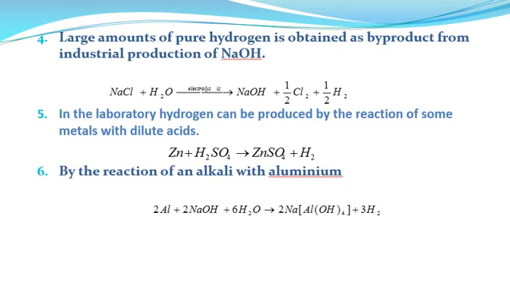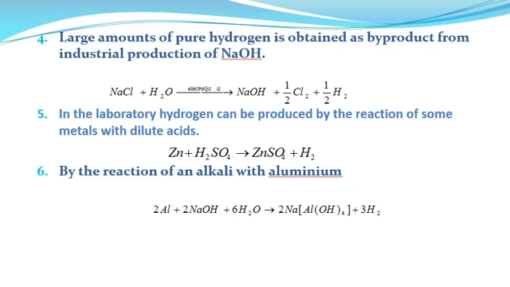The fifth procedure for producing hydrogen is preparation of hydrogen in the lab, and this can be carried out by using some metals and dilute acids, dilute sulfuric acid, dilute hydrochloric acid, or any dilute acid.